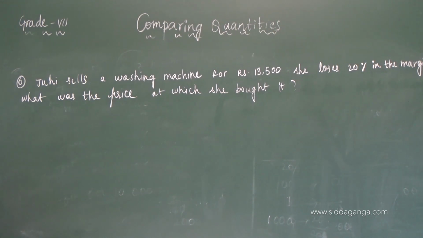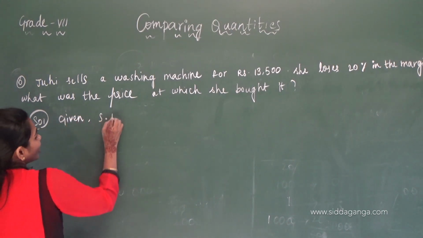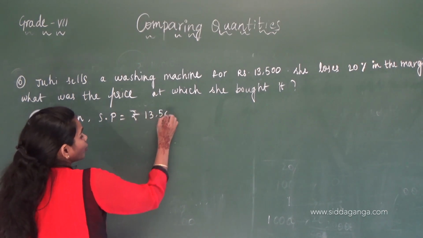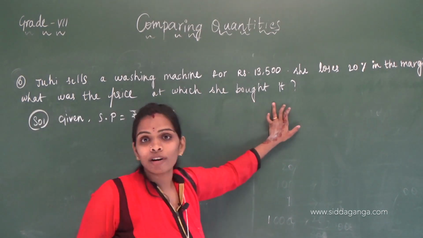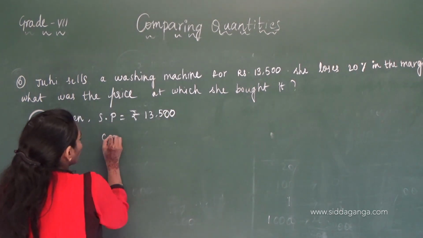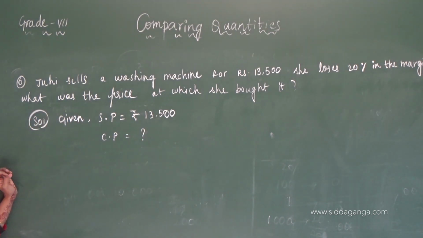Sells means the selling price of that item is rupees 13,500, and we have to find the cost price. We don't know the cost price, correct?